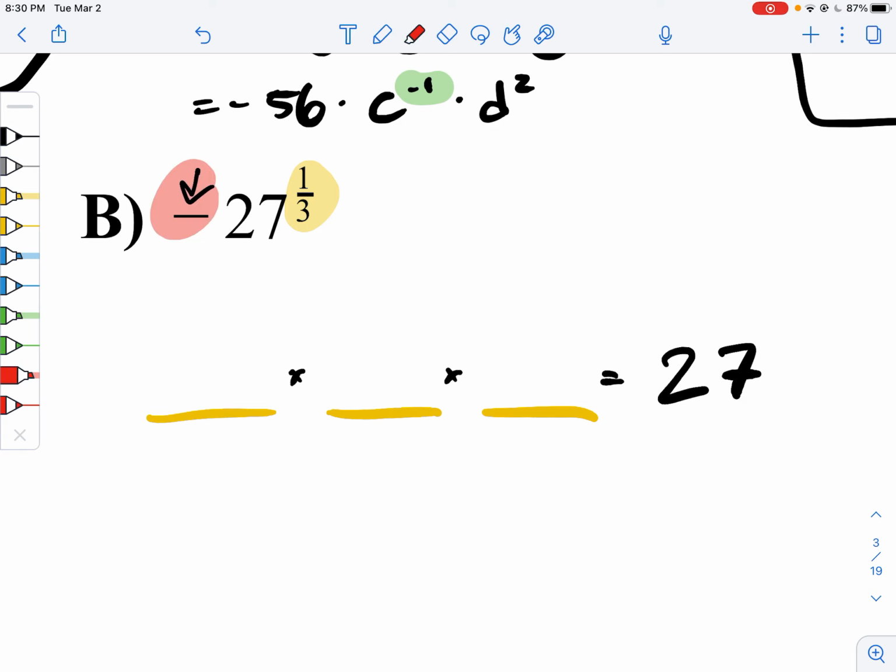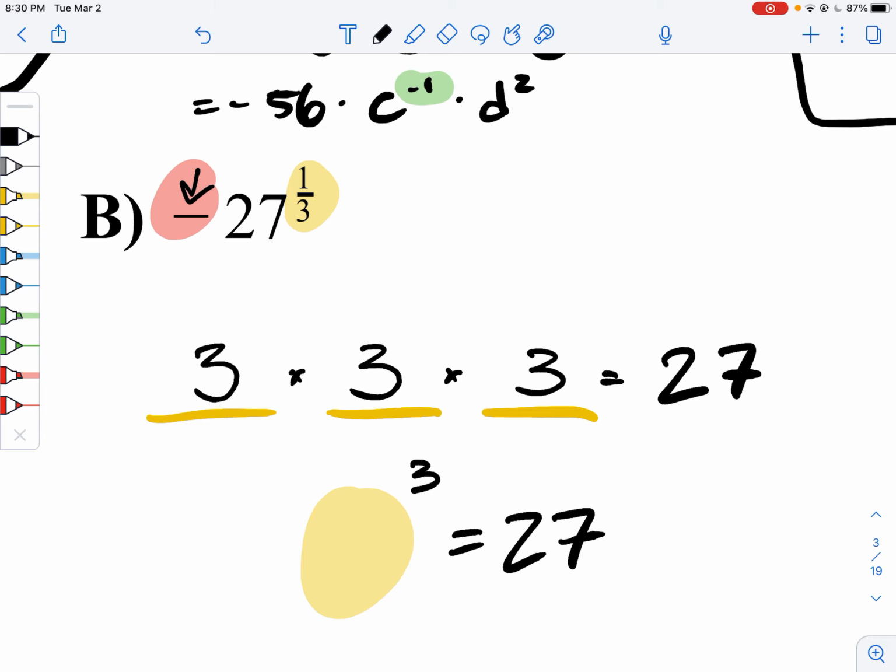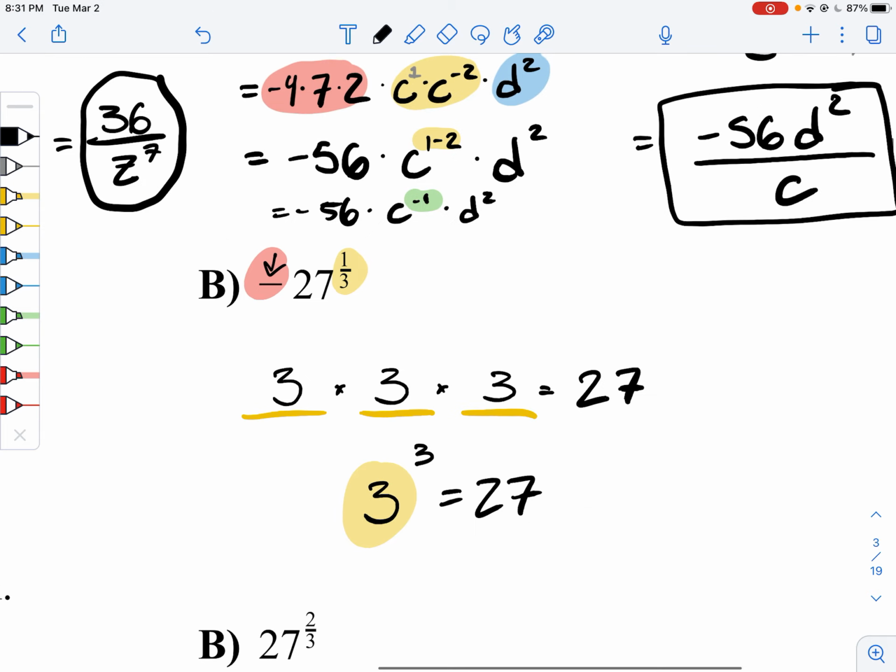So we'll do that afterwards. So what times itself 3 times equals 27? It's 3 again. Sorry, I spoiled it. That was lame. I should come up with a different answer. But it said, what is negative that number? Well, that would be -3.